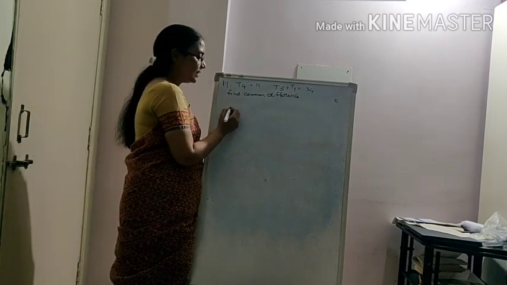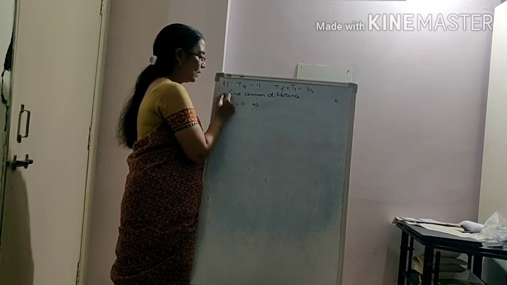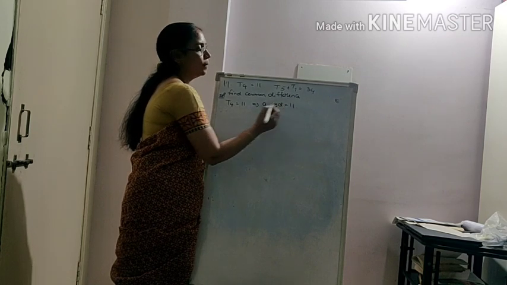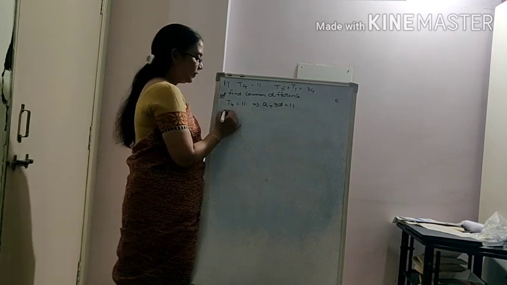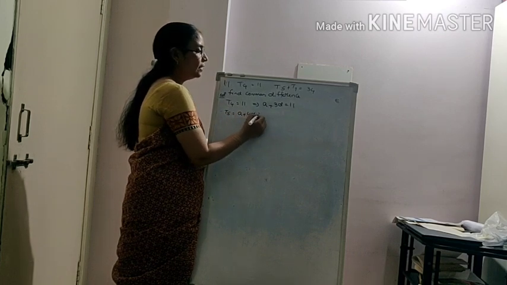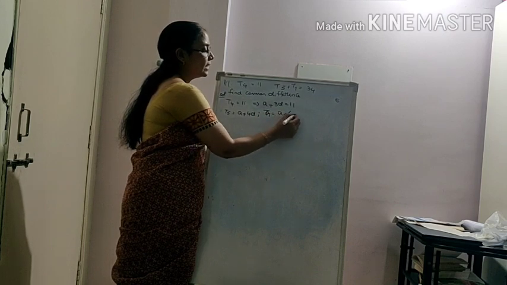Now T4 is 11. T4 is 11 means A plus 3D is 11. T5 is A plus 4D and T7 is A plus 6D.